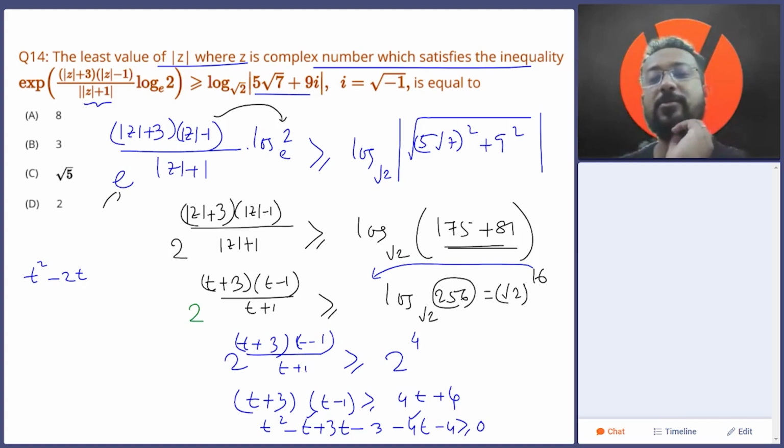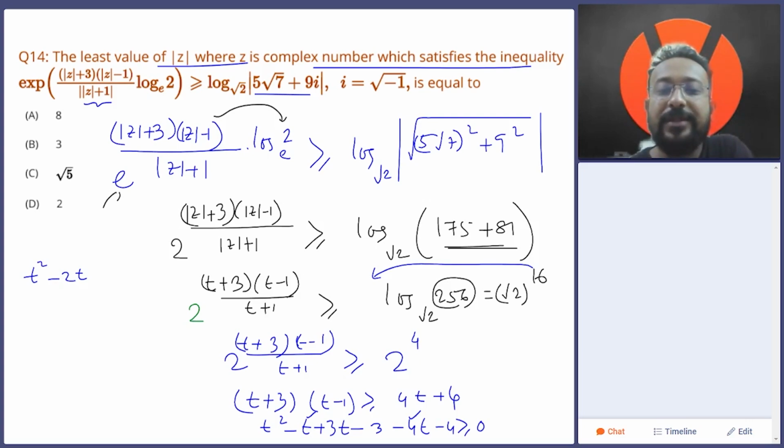Log of this is how much? 256. 256 is 2 to the power 8. 2 to the power 8 will become root 2 to the power 16, which comes to 2 to the power 4. So this would be t plus 3 into t minus 1 by t plus 1 greater than or equal to 4t plus 4. So 4t comes.